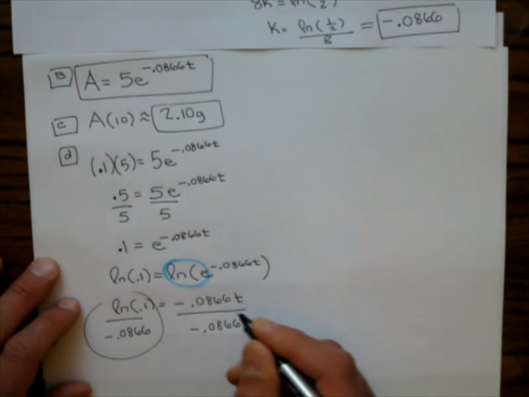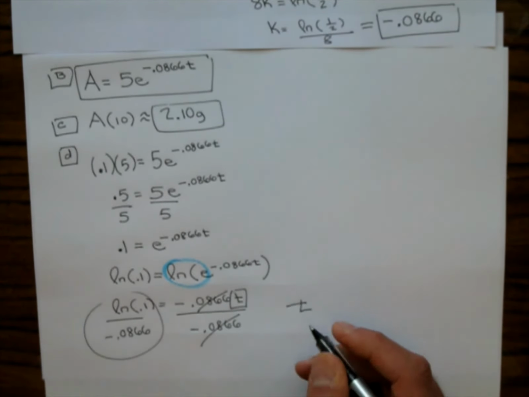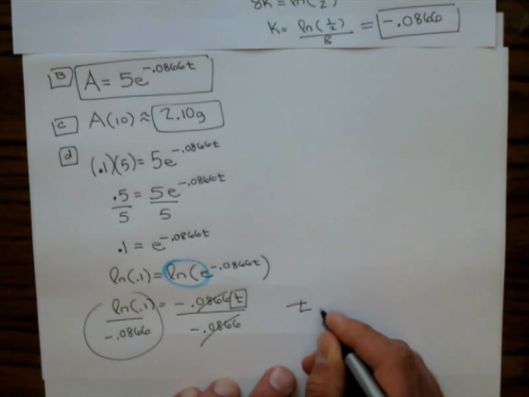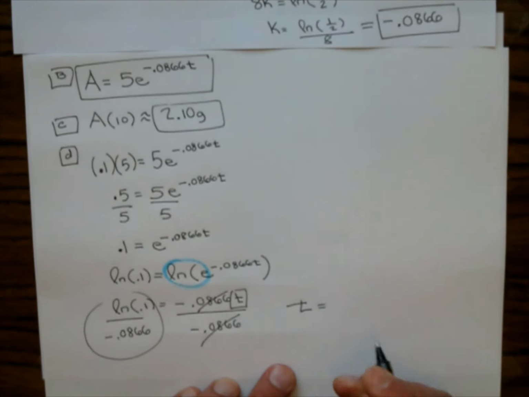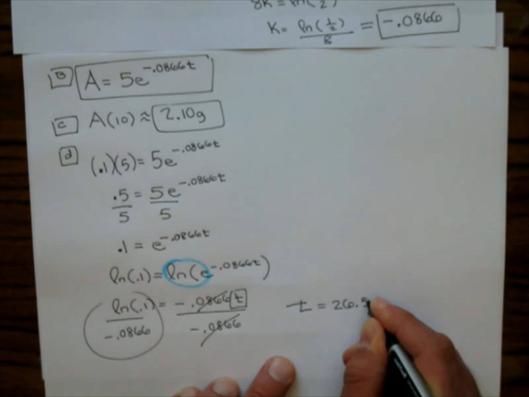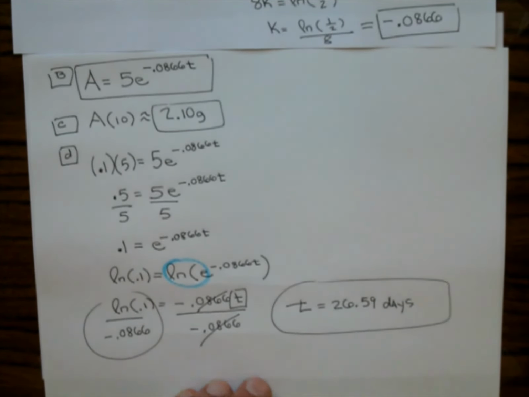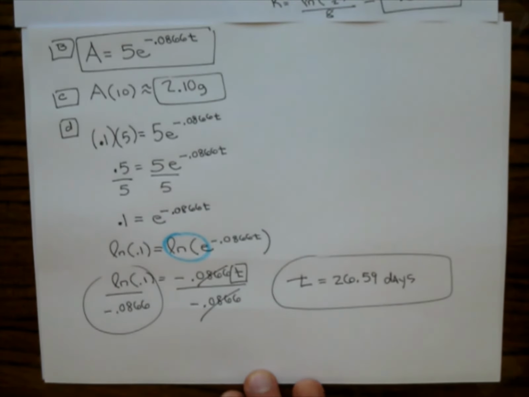And I do that in my calculator, and that should give me what T is. And what I ended up getting for T, rounded to 2 decimal places, is ln 0.1 divided by negative 0.0866, 26.59 days. And that's how long it takes to get down to where you only have 10% of this radioactive element.